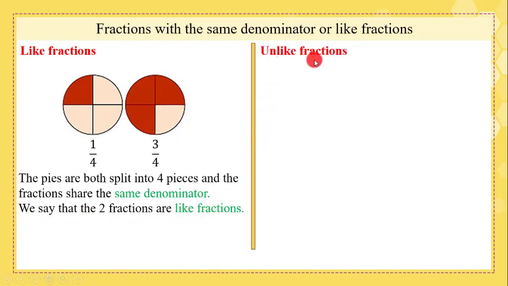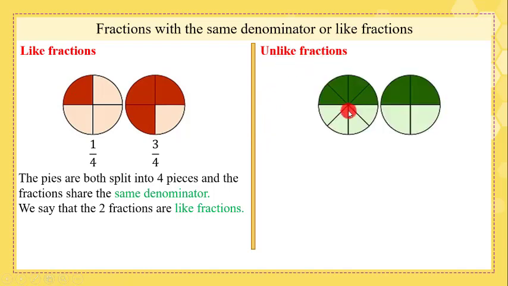On the other hand, let's introduce unlike fractions. Let's take two pies of the same size, but each is divided into a different number of parts. The fraction that represents the dark green color in the first pie is 4/8, and the fraction that represents the dark green color in the second pie is 2/4.